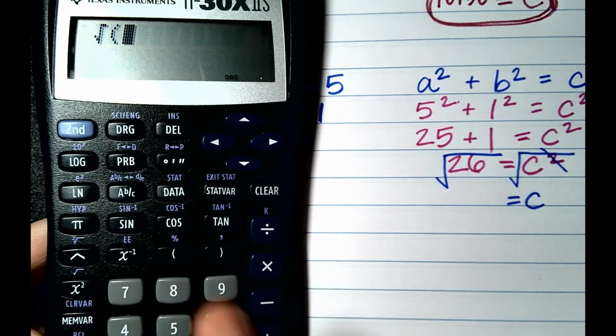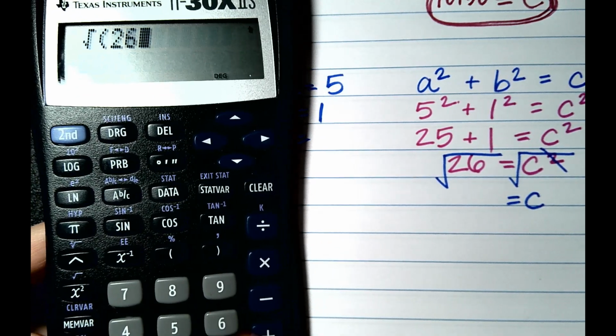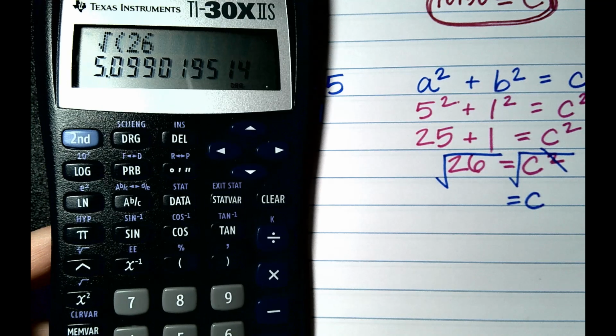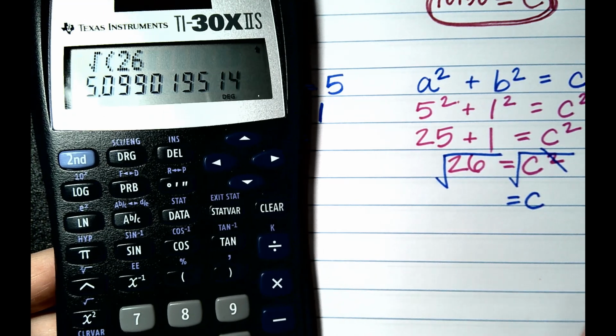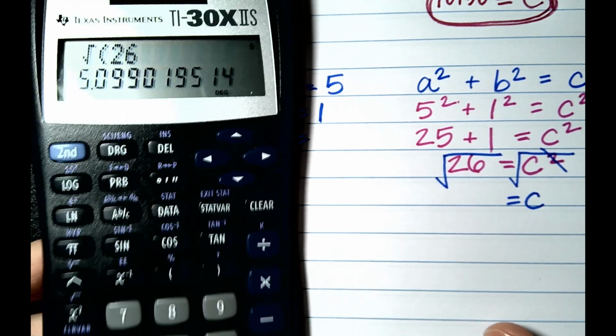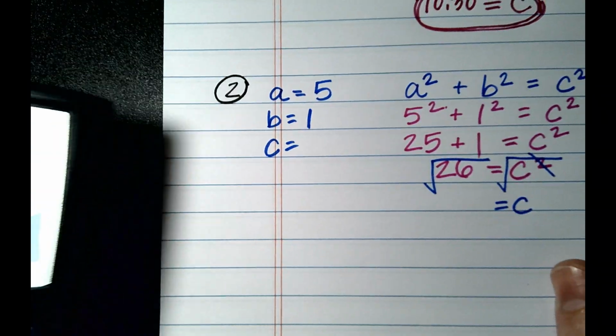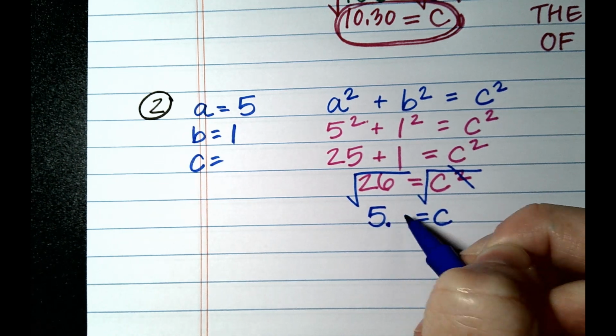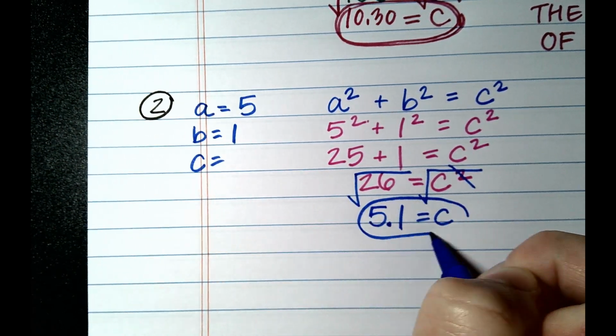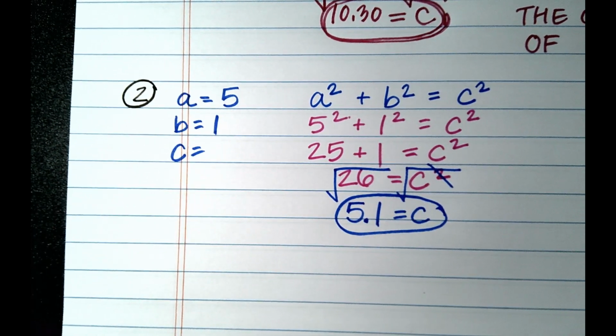Second square root, 26. Yeah, 5.1. Or you could put 5.099, whatever works. I'm gonna put 5.1 or 5.10. 5.1 is C. So that's our answer for number 2.